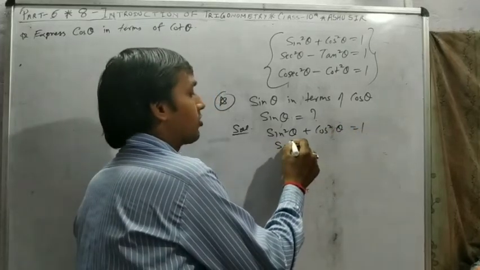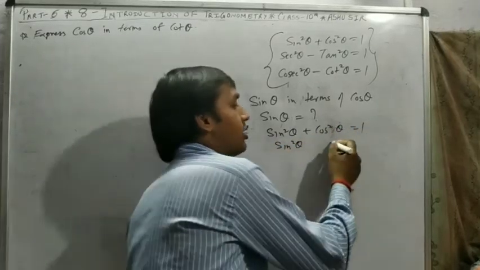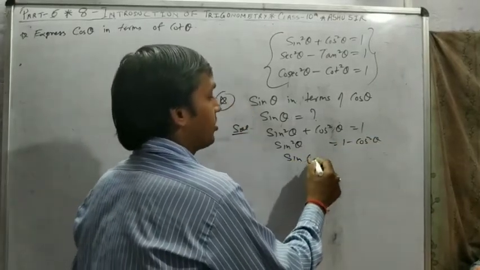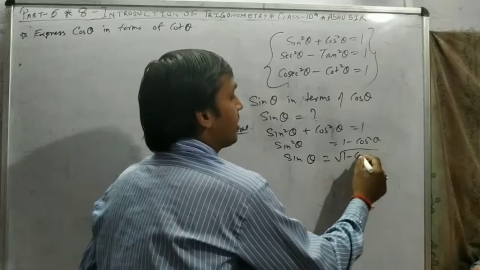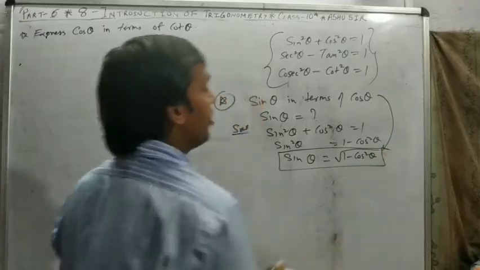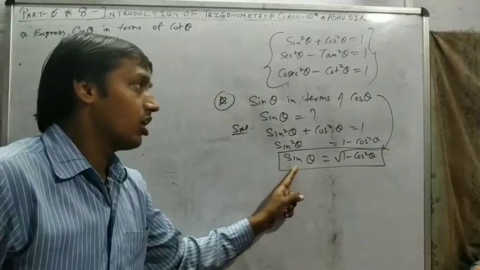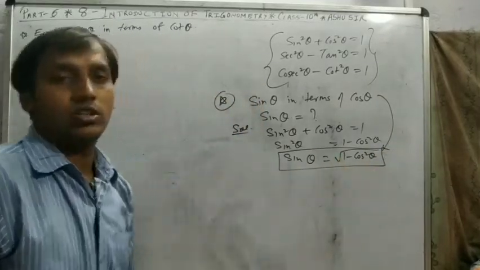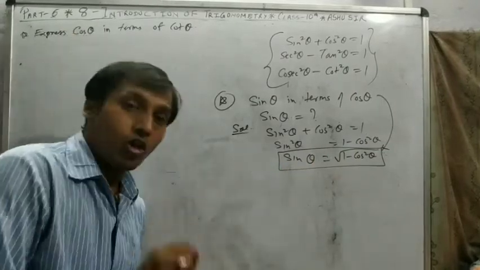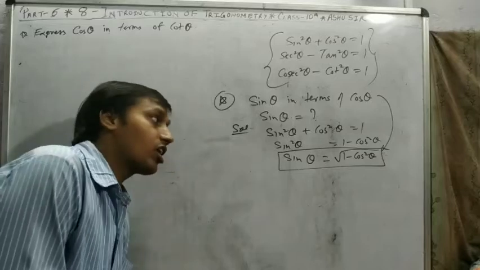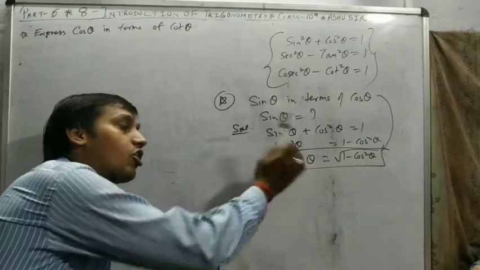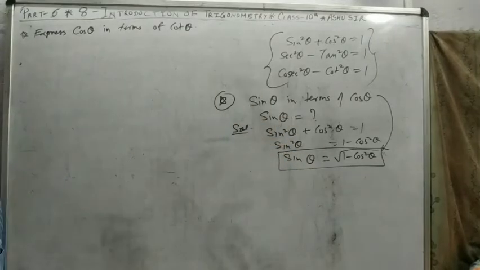We want the value of sin theta, so sin on one side and everything else to the opposite side. So we get sin theta is equal to square root of 1 minus cos square theta. This is the value of sin theta in terms of cos theta. You can see the left side is sin theta and the right side is only a constant number and cos theta. It means sin is expressed in cos form. It's a very simple question.